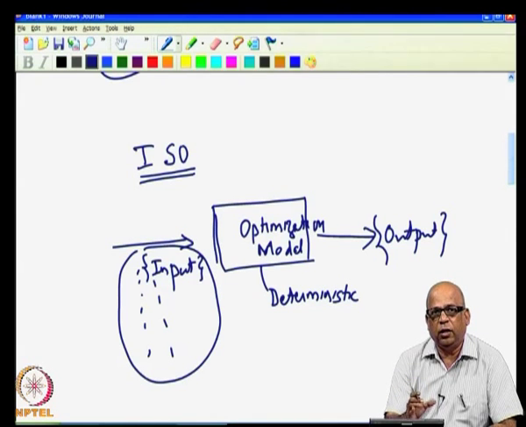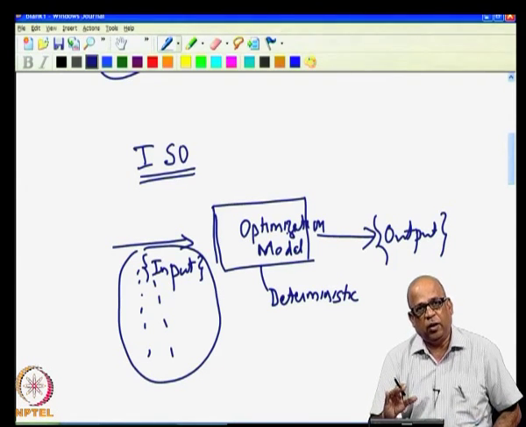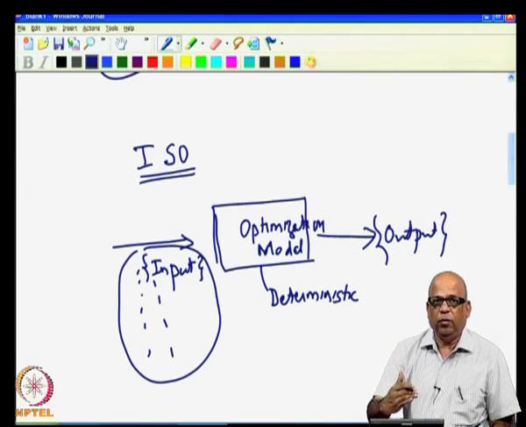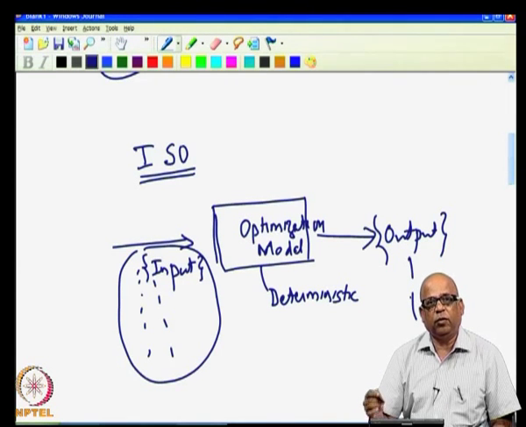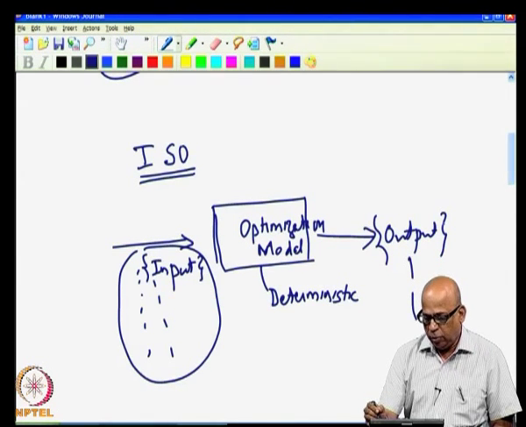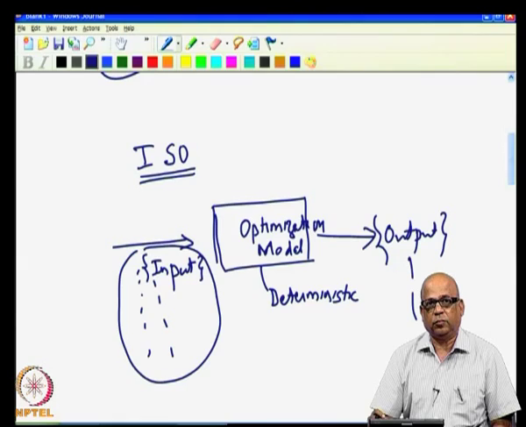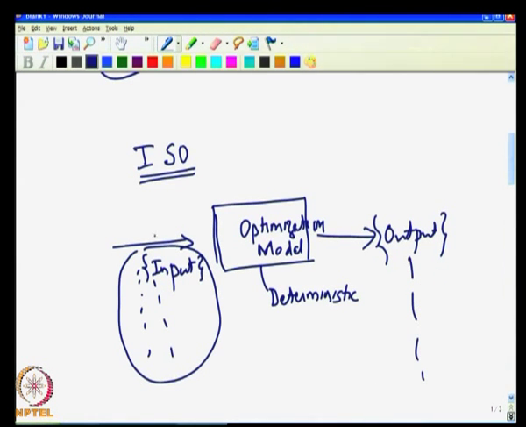Or if you had a 30-year sequence, run this optimization model, which remains constant, which remains in a deterministic framework. You run this for several sequences, and therefore, you will get several sequences of outputs, and then you can do some analysis on the outputs that you produce to account for the uncertainties here. So, this is the way of addressing the uncertainty implicitly. So, this is implicit stochastic optimization.